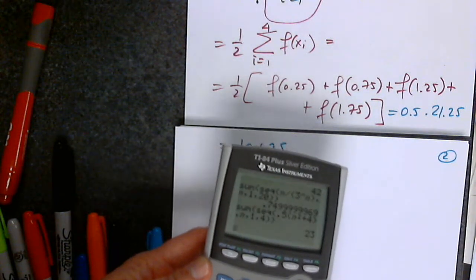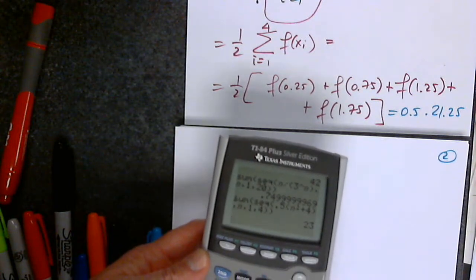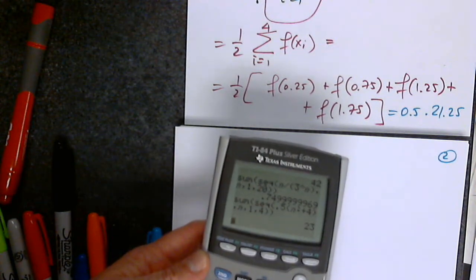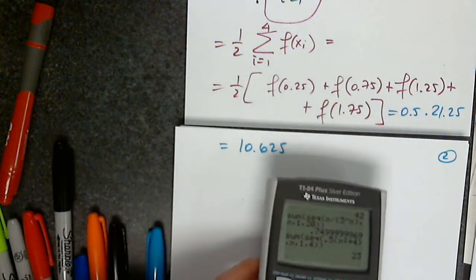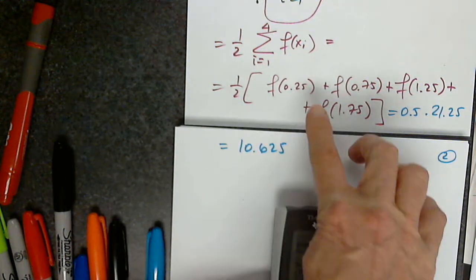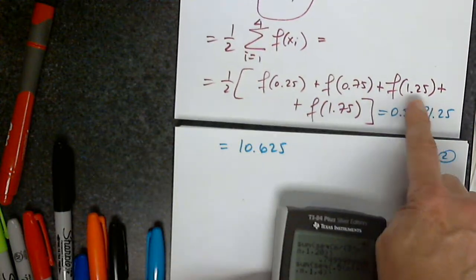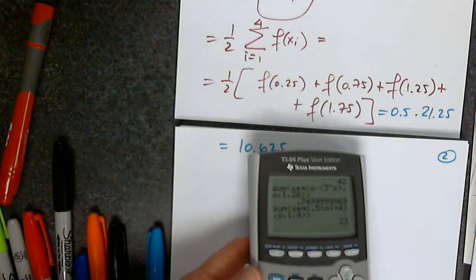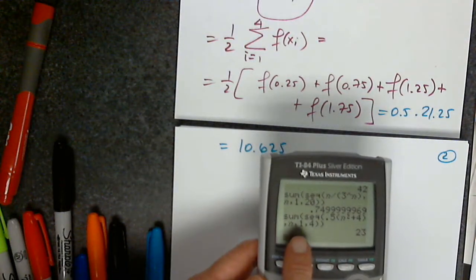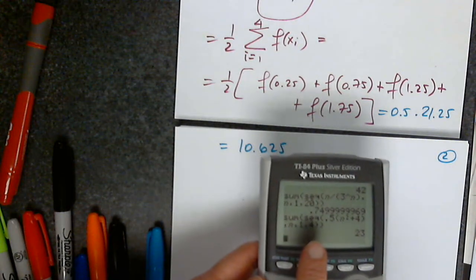If your interval would stay the same, but your start and your finish. So like as in this case. Yes, but it will not jump from 0.25 to 0.75 to 1.25 to 1.75. It only plugs in integers. It only plugs in 1, 2, 3, 4.